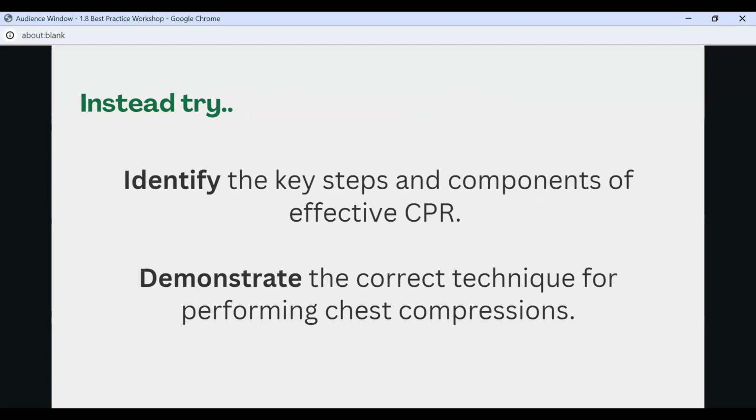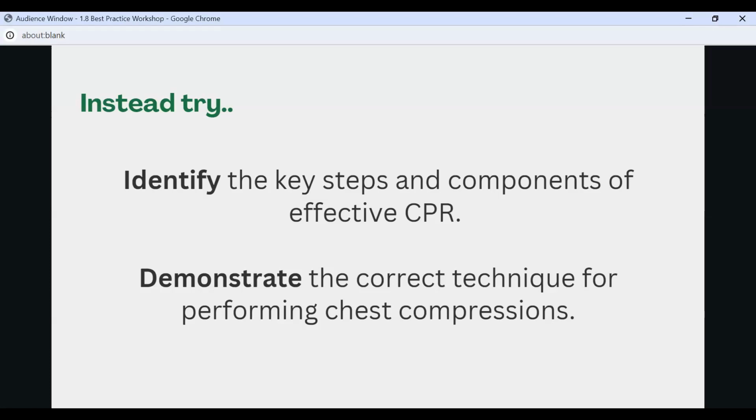So instead of, like you say, Catherine, these not very well-written learning objectives, we can substitute very specific verbs in their place, and instead try verbs like identify the key steps and components of effective CPR, demonstrate the correct technique for performing chest compressions, or as you say, perform chest compressions, right?